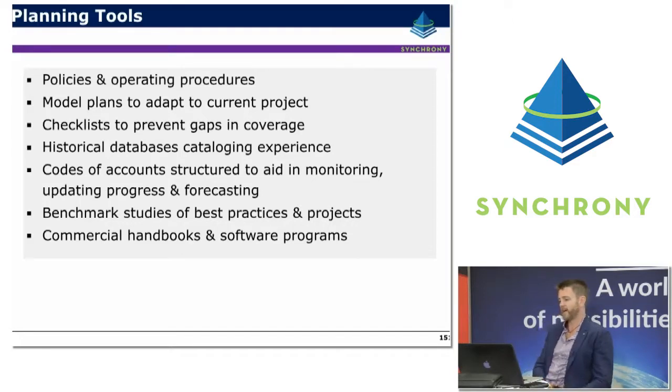Great for benchmarking of projects and creating that footprint and that database for future projects, particularly if you're in a multi-project organisation. And commercial handbooks and software programs are obviously very handy, particularly software programs for running and integrating a lot of the data.